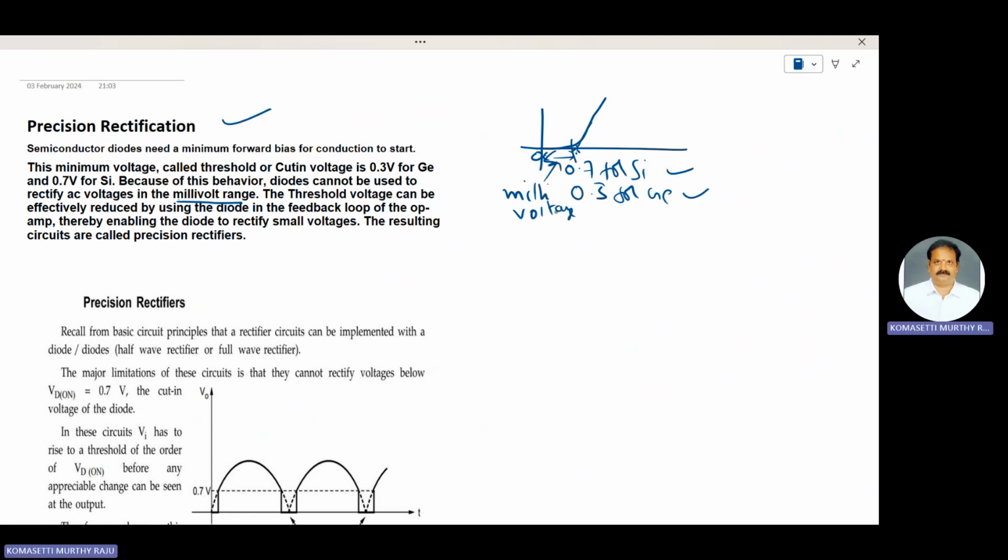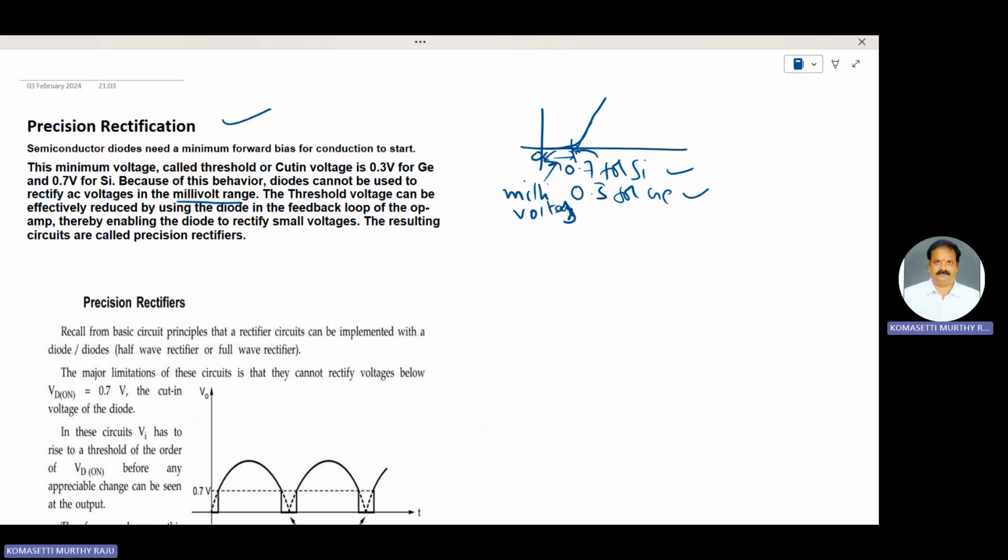Millivolts range: from 0 to 0.7 volts, the diode is not conducting. That range from 0 to 0.7 volts is the millivolts range. The threshold voltage can be effectively reduced.